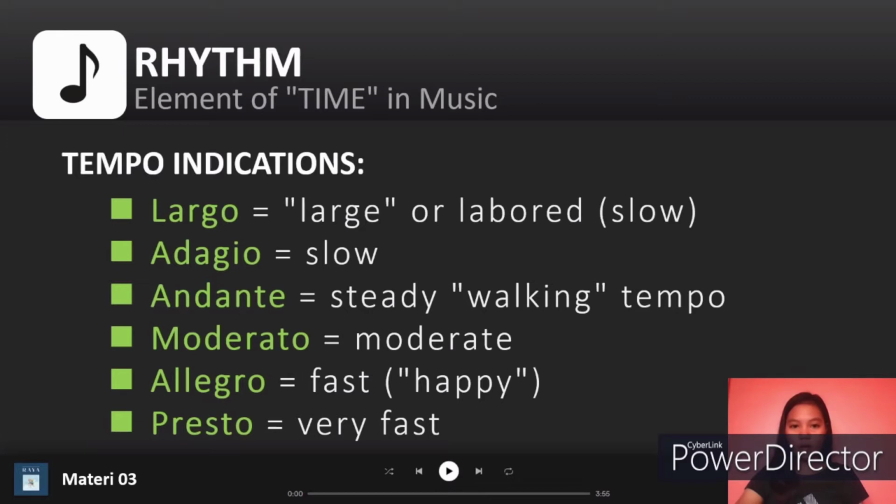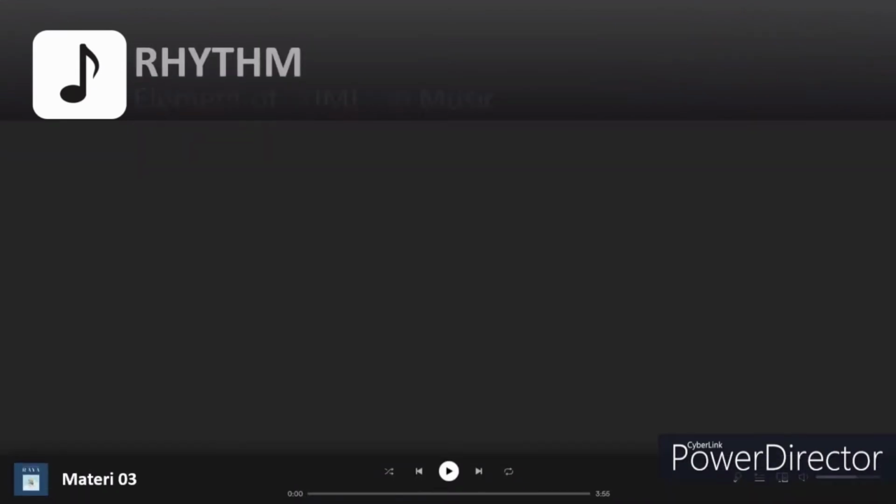So, largo means large or labored, adagio means slow, andante means steady or walking, moderato, moderate, allegro, fast or happy, and last but not the least is the presto, which means very fast. So, these are the examples.